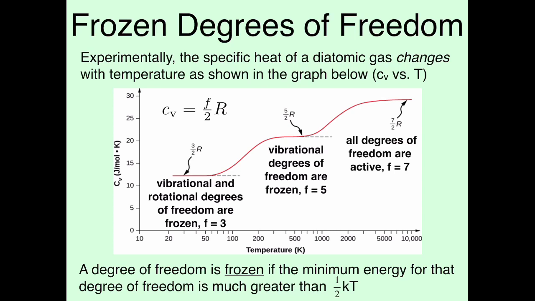So I am going to explain a little bit as to why that is, but the basic idea is this. We say a degree of freedom is going to be frozen, it's not going to be active, if the minimum energy for that degree of freedom is much greater than 1/2 kT. So let's get into that in a little more detail.